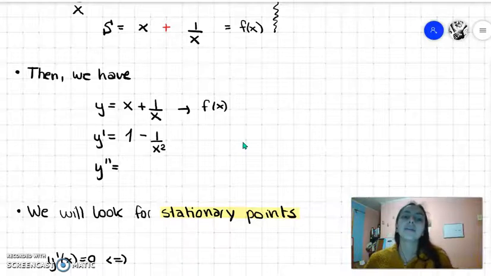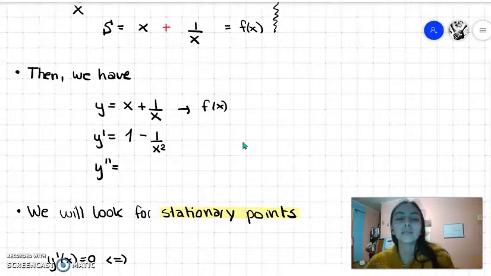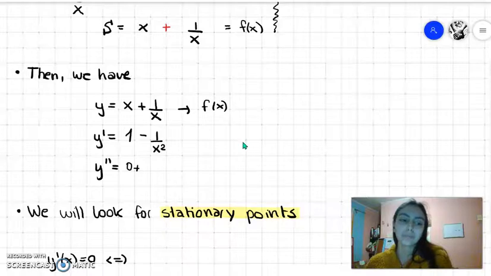We also need the second derivative, so we derive y, the first derivative of the function f. The derivative of a sum or an addition is the addition of the derivatives. The derivative of 1, for example, is 0, and then we add the derivative of minus 1 divided by x to the power of 2.